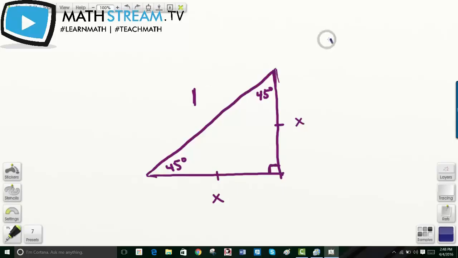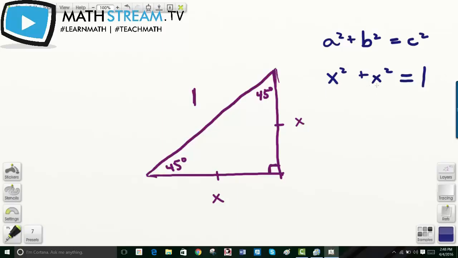So that would be a squared plus b squared equals c squared. If I plug in the values that I have, that would be x squared plus x squared, our two legs, equals 1 squared. Now 1 squared is just 1, so we'll leave it as x squared plus x squared equals 1.